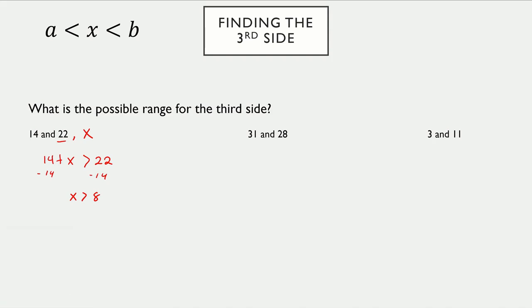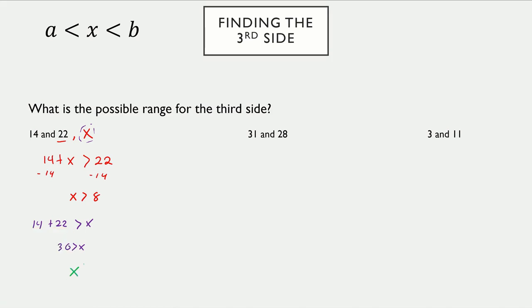But what if 22 is not the largest side, and what if x is the largest side? Well, then we have our second scenario, and that is, well, if x is the largest side, that means that 14 plus 22, when you add them together, have to be greater than x. So in other words, I'm solving for x here, and so when I solve for x, I simply add 14 and 22, and I get 36. And so here I have my two possible solutions for x, right?